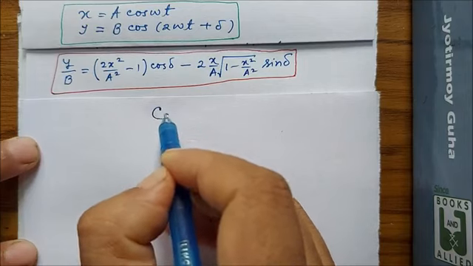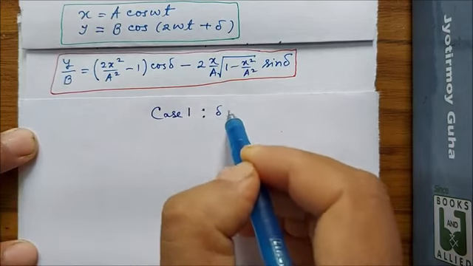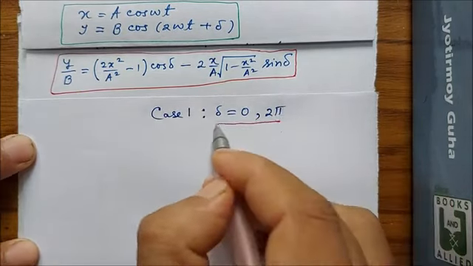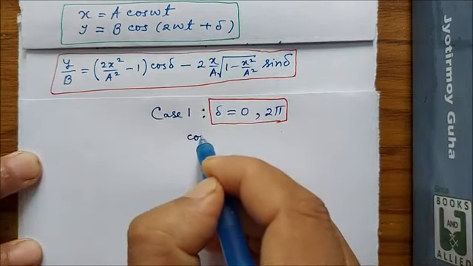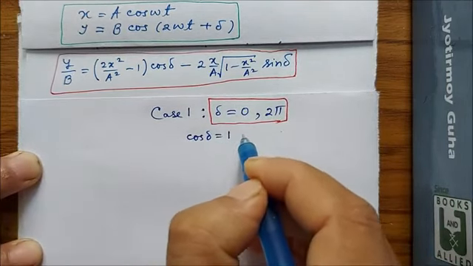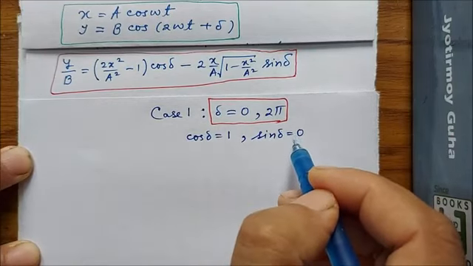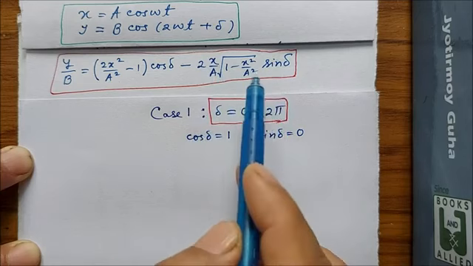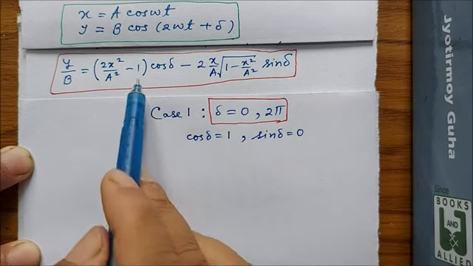Consider case 1 that corresponds to, say, delta equal to 0 or twice pi, and this means cosine of delta is 1 and sine of delta is 0. So this equation will not have this part because sine delta is 0, and we will have only this part.